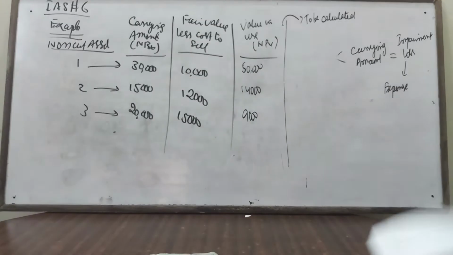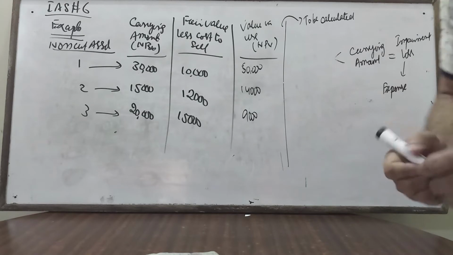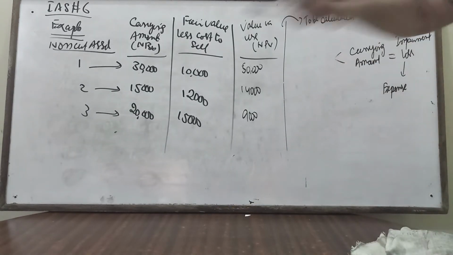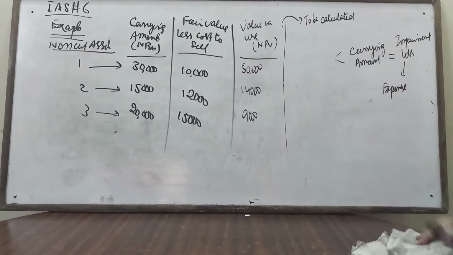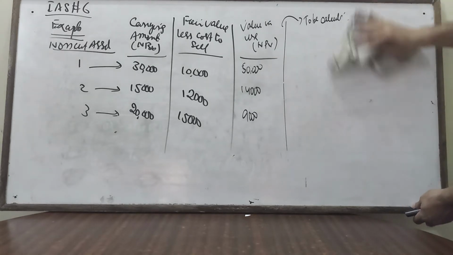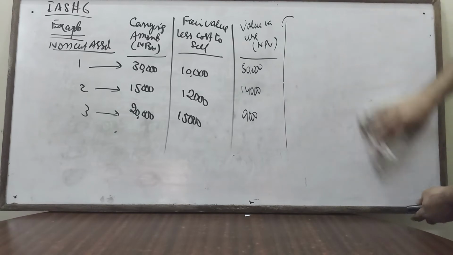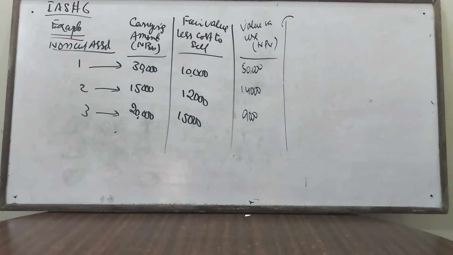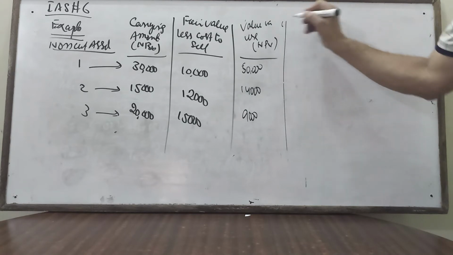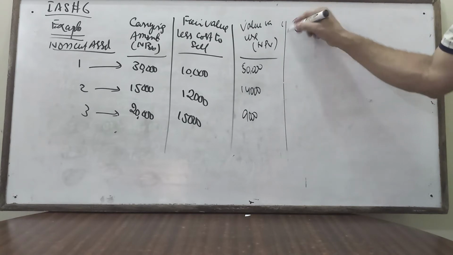You are required to show which value of non-current assets 1, 2 and 3 will be shown in the balance sheet, and what the impairment loss is.